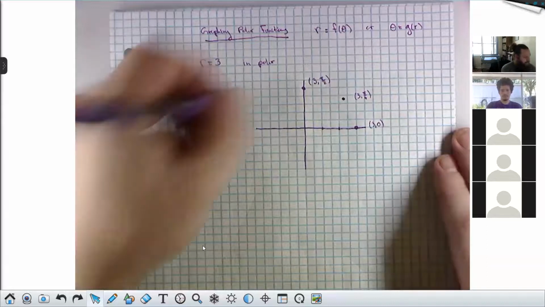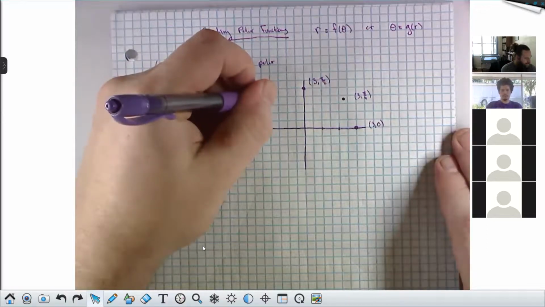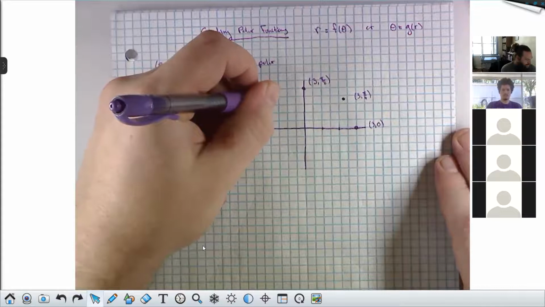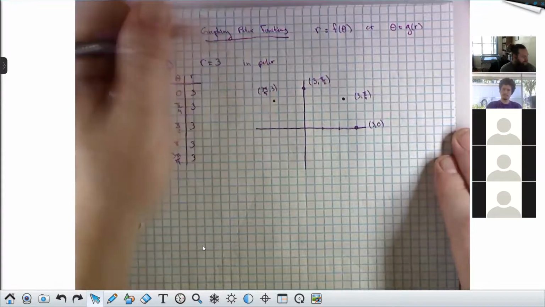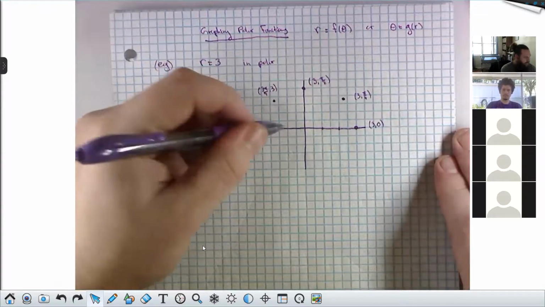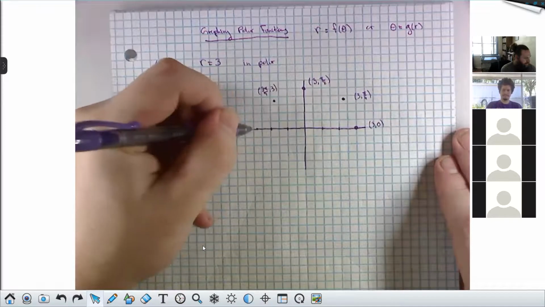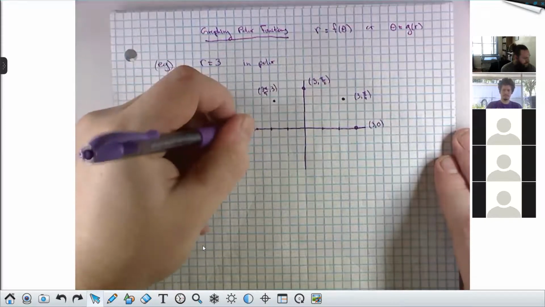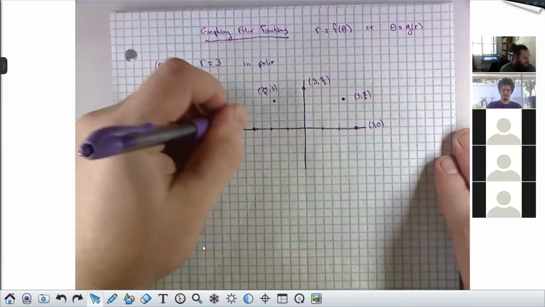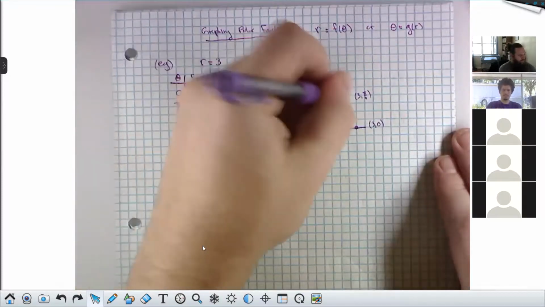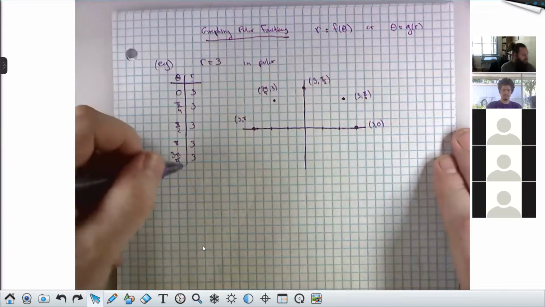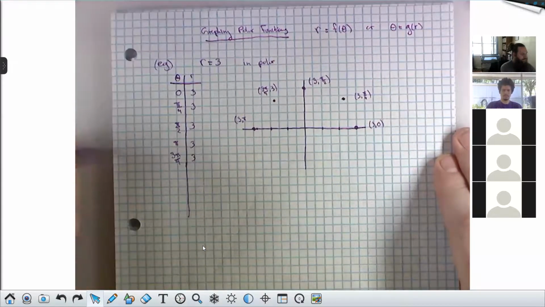3, 3 pi over 4 would be over here. I'm trying to draw it symmetric. 3 pi over 4, 3. Pi, 3 would be right here. Or sorry, 3, pi. So if you look at these points, you can kind of see what would happen. Let me fill in the other multiples of just pi over 2.